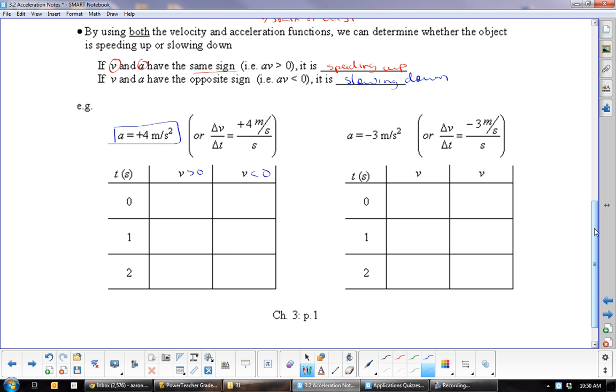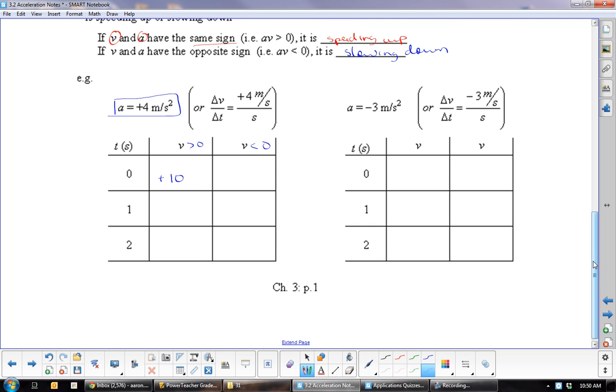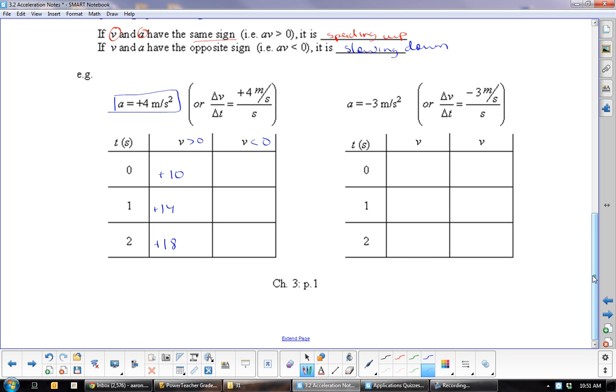Say the velocity right now at 0 seconds is positive 10 meters per second. After 1 second, what should be my velocity? 14. Because every second it is getting better by 4 meters per second. And after 2 seconds would be 18. See, A is greater than 0 and V is greater than 0. So the object is speeding up.